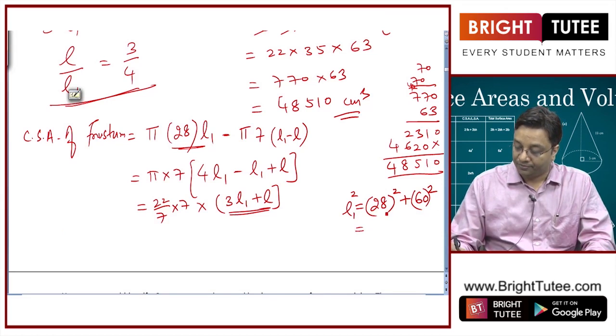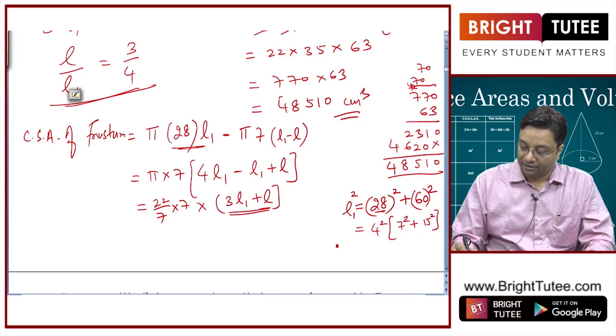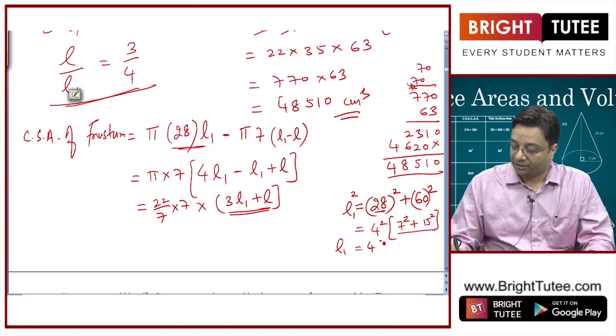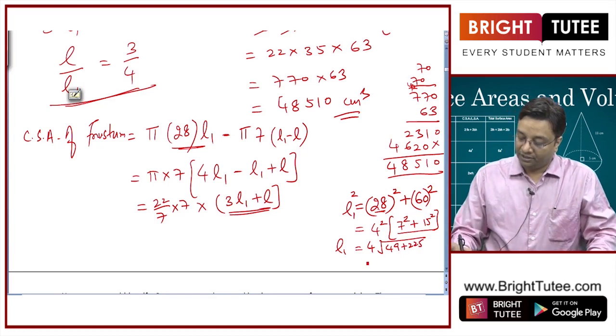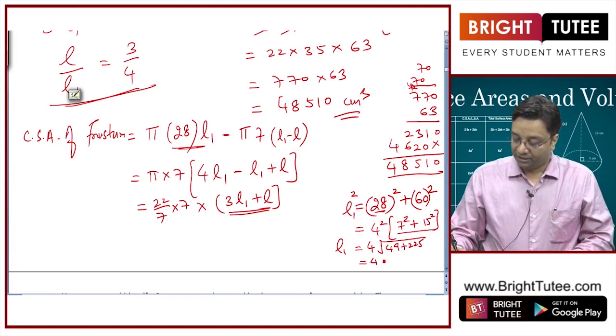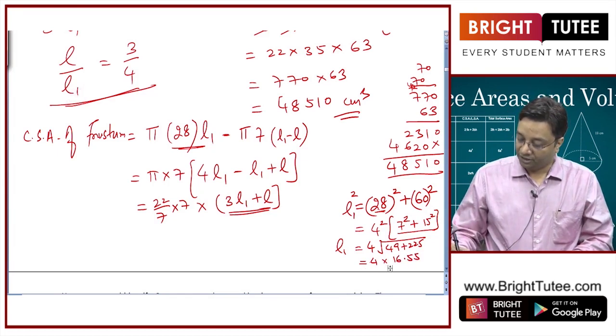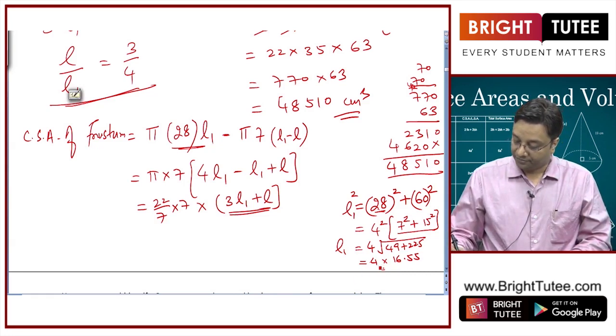So if I take 4 square common from both, here I will have 7 square, here I will have 15 square, right? So L1 is equal to 4 times square root of 15 square plus 7 square, which is 49 plus 225. It will be approximately equal to 16.55.